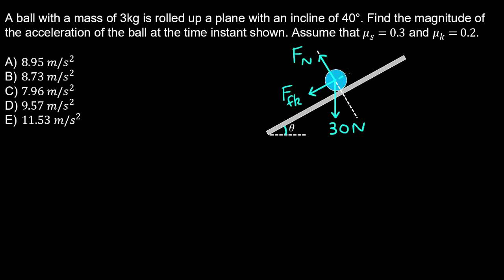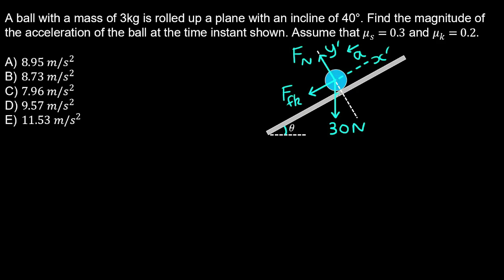So we can choose our coordinate system to be parallel and perpendicular to the plane. And the acceleration is going to be acting to the left, in the direction of the net force.